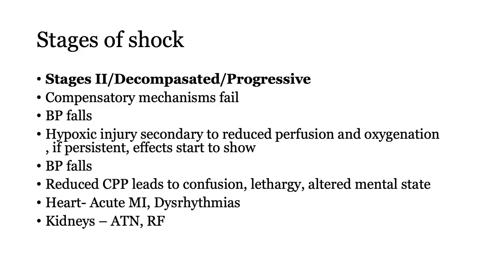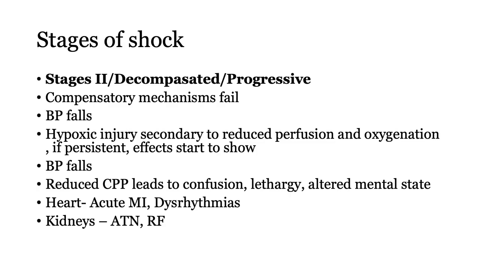Stage 2 is also called the decompensated or progressive stage. Compensatory mechanisms begin to fail. The blood pressure falls. Hypoxic injury, secondary to reduced perfusion and oxygenation, if persistent, starts to affect different organs and their effects start to show.